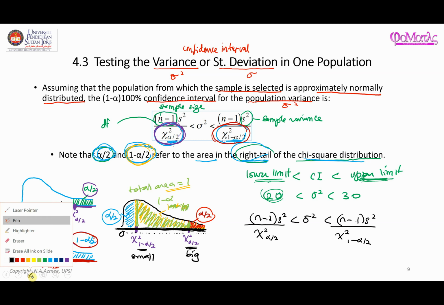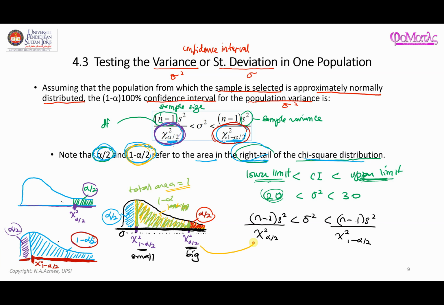And you can see from this simple construction of this formula, chi-squared alpha over 2 is this value. So this is a big value supplied at the bottom here. And this is a small value supplied towards this part here. And by doing this, we will see that the value here is going to be small, and the value here is going to be big. So lower limit is smaller, and upper limit is a bigger value.